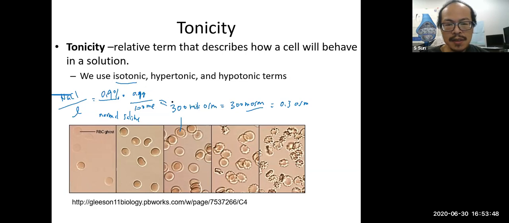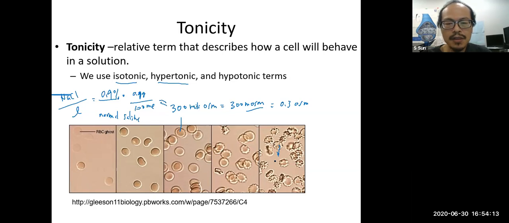If it's in a solution where fluid is going out, the cell becomes shrunken. This is a hypertonic solution, because it has higher concentration.